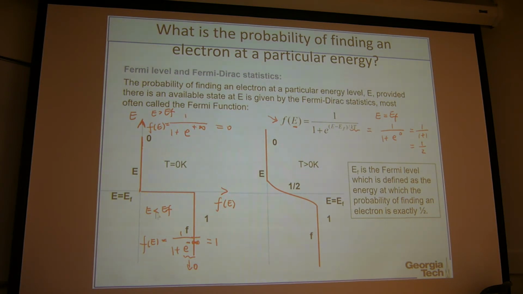So essentially that means if E is smaller than EF at T equals 0, then the probability becomes 1. That means you will always find the electrons below the EF. Or in other words, this function becomes a step function, a very sharp transition here.